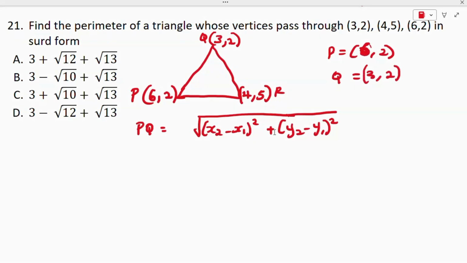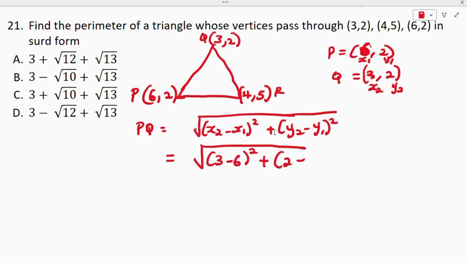Okay, so from this we have that P is x1 y1 and this is x2 y2. So for PQ, this is equal to the square root of x2, we have x2 to be 3 minus x1, which is 6, all square, plus y2, we have y2 to be 2 minus y1, we have y1 to be 2, all square.